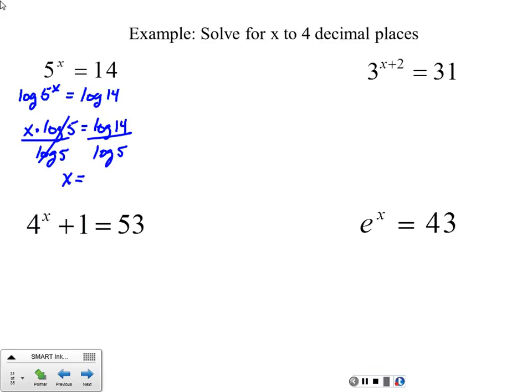Log 14 is going to be your numerator. And depending on your calculator, just be careful with those parentheses. So we're going to have log 14 divided by log 5. And so you get x is equal to 1.64, rounding to 2 decimal places.